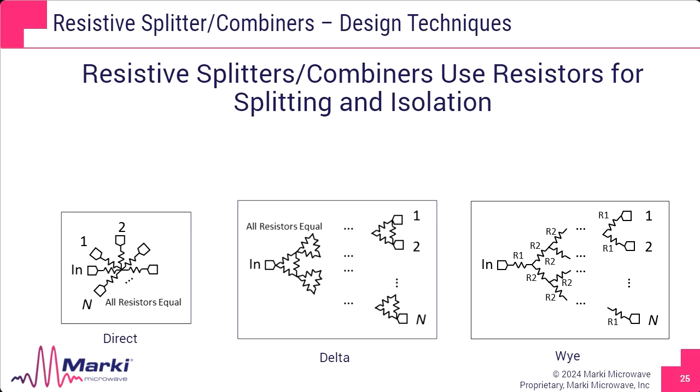You can sort of see that in these circuits here, because this is pretty much what the physical layout looks like. If you look at the isolation from port 1 to 2 here, that path is a less lossy path than, say, looking at the isolation all the way to port N. So you'll have better isolation from non-adjacent ports, but you're still limited by the isolation of adjacent ports.